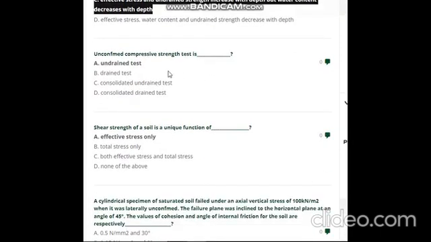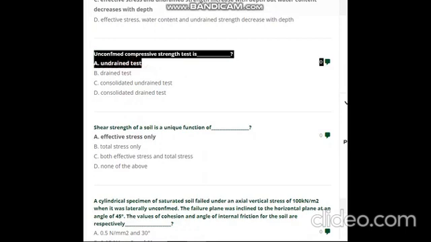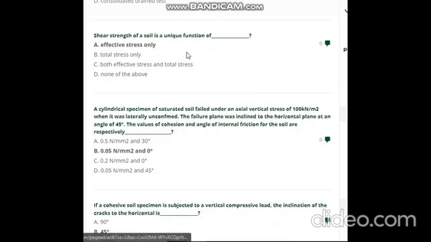Unconfined compressive strength test is an undrained test. Shear strength of soil is a unique function of effective stress only.